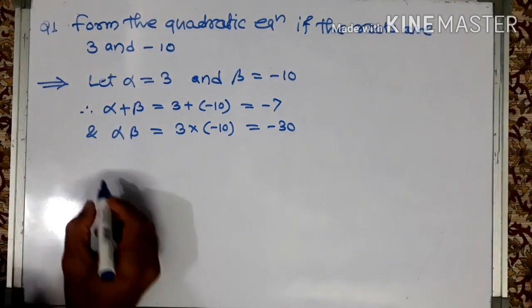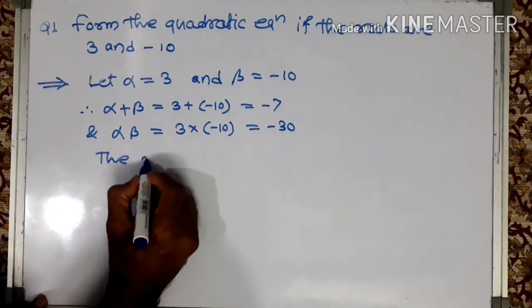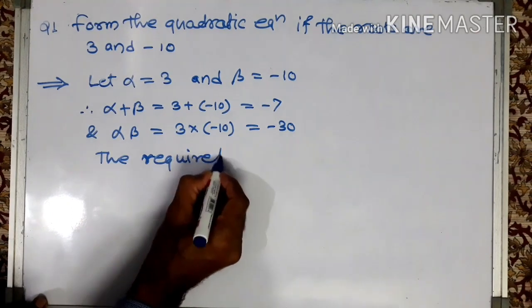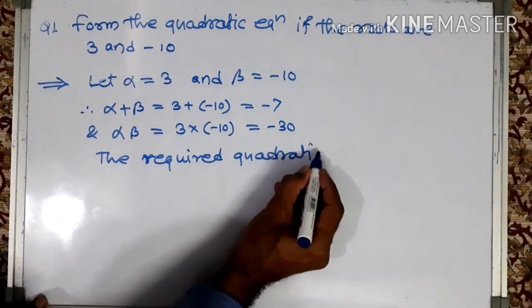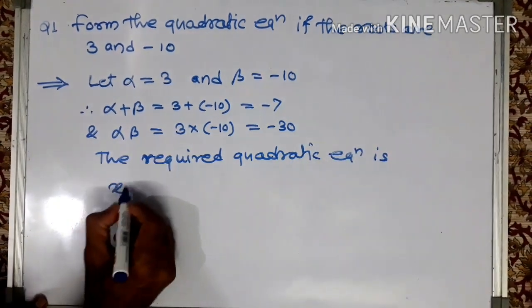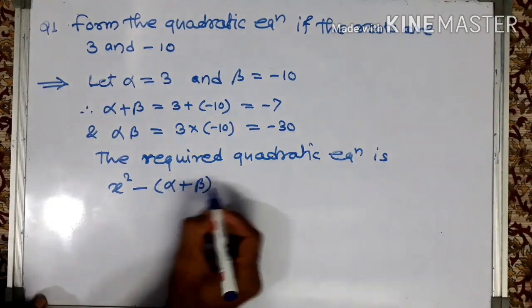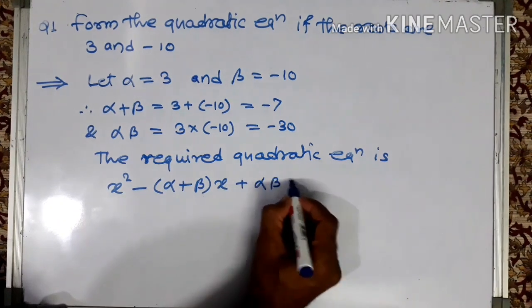By using that formula, the required quadratic equation is x square minus alpha plus beta into x plus alpha into beta equals to 0.